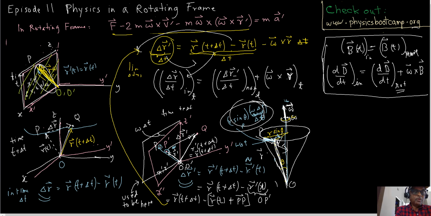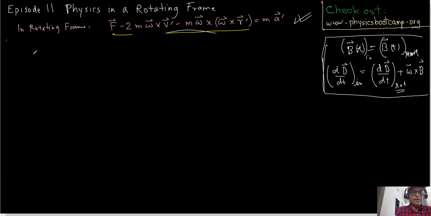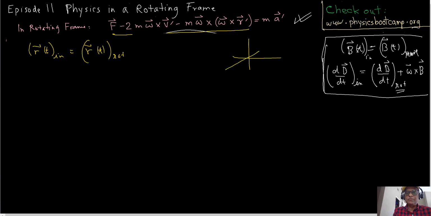Okay, so we have R in the inertial frame is R in the rotating frame. Same, because their origins are the same. So this is inertial x, y, z, and this is x prime, y prime, z prime, and this is the same as that.